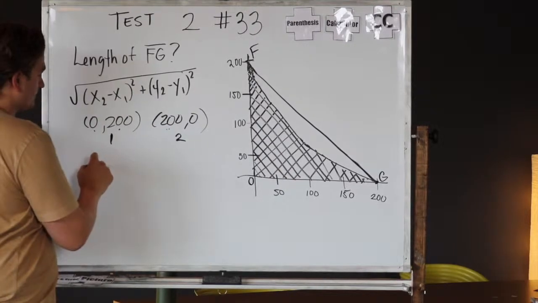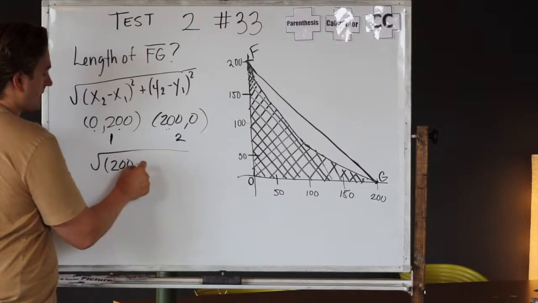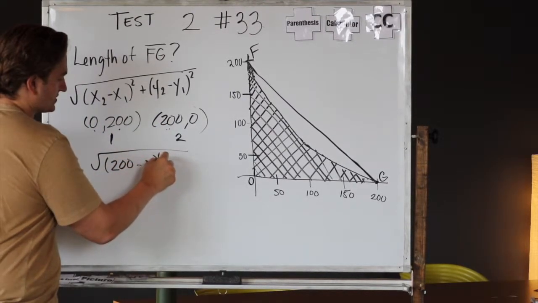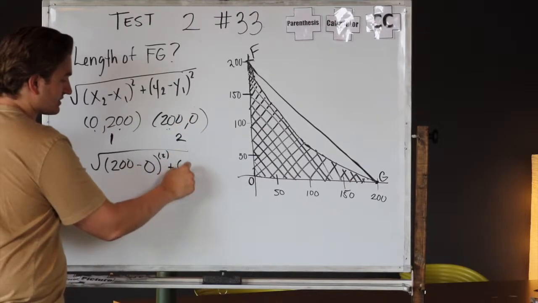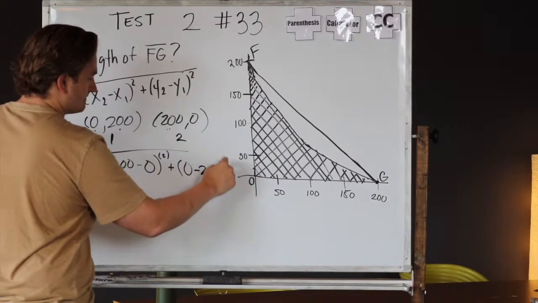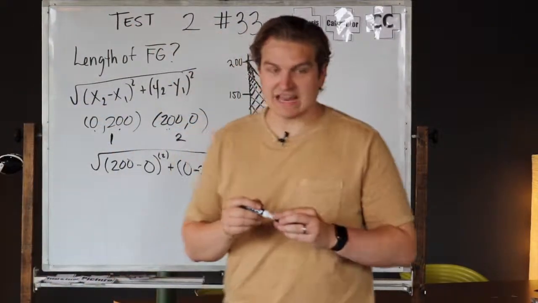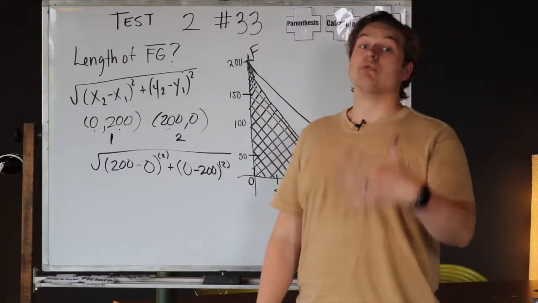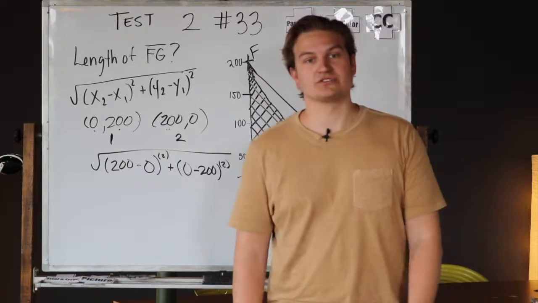So x2, we're going to plug into our formula, is 200 minus x1, which is 0 squared, plus y2, which is 0, minus y1, which is 200 squared. Plug all of that into your calculator, hit enter, and again, it'll give you like 282.84, which rounds up to 283. So your answer is 283, and that's answer choice D.